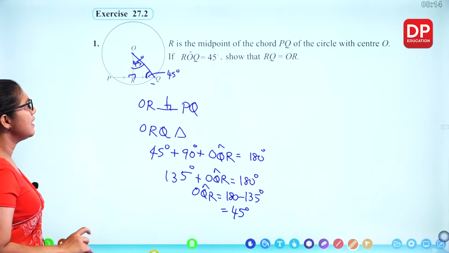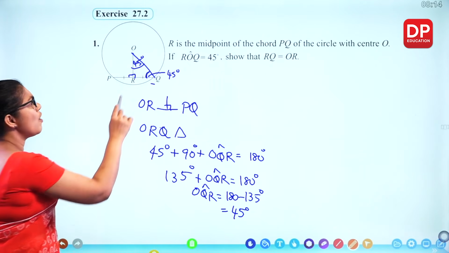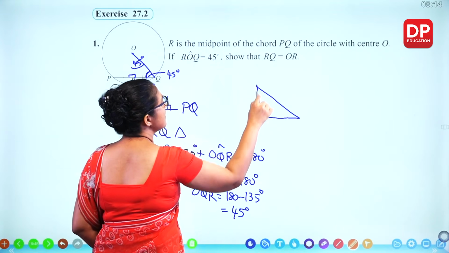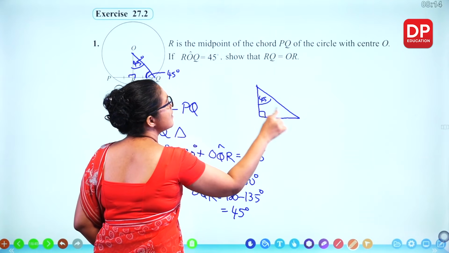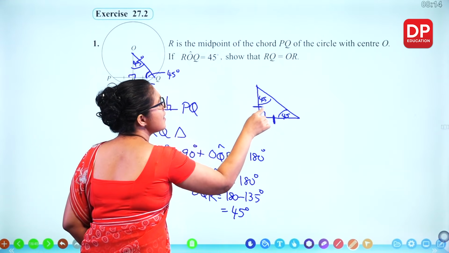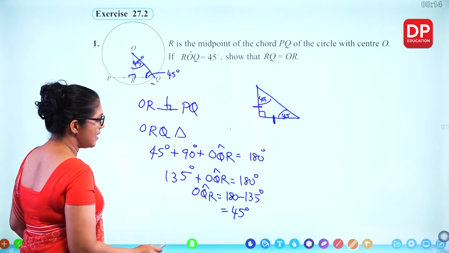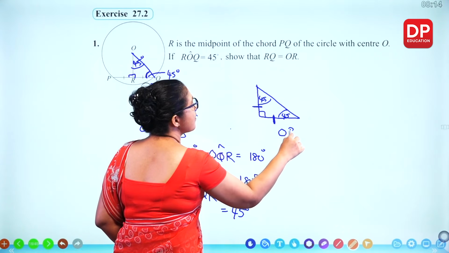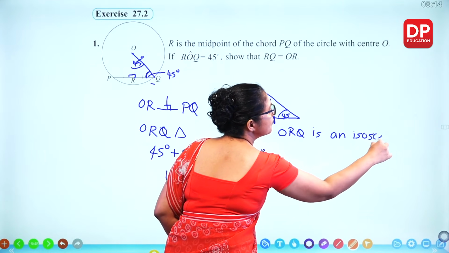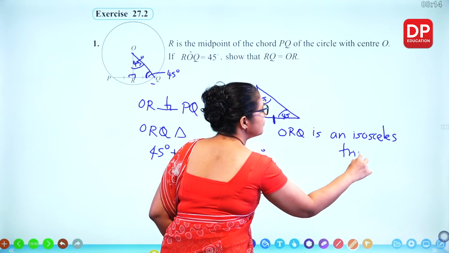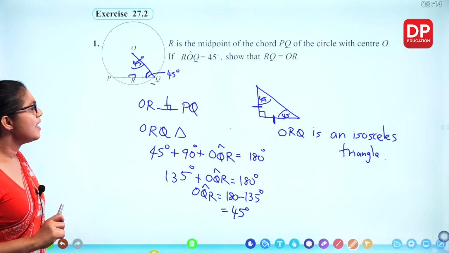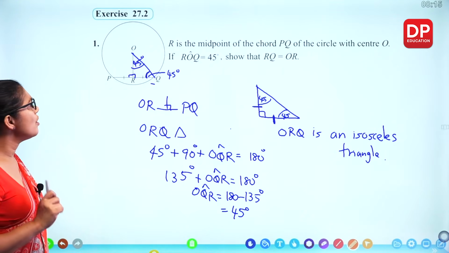Now look carefully. This angle is 45 and also this is 45. You get an isosceles triangle. So this is 45, this is 45. So we can say this length is equal to this length. So here ORQ is an isosceles triangle. So what do you know about an isosceles triangle? We know corresponding lengths are also equal.